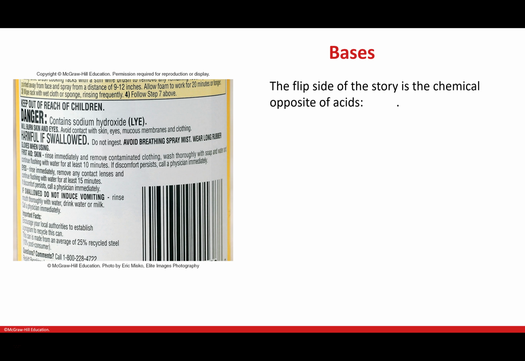Actually, your H pluses are going to be acids or acidic solutions. Your OH minuses, which we call hydroxide, the hydroxide ion, are going to be associated with your bases.